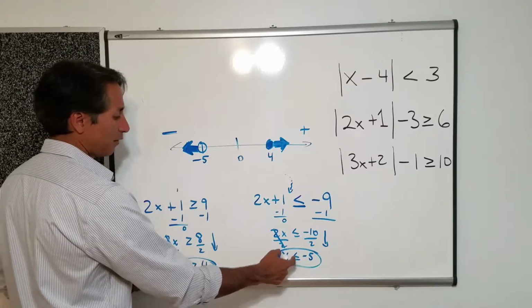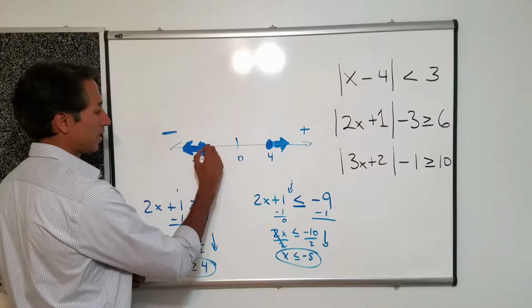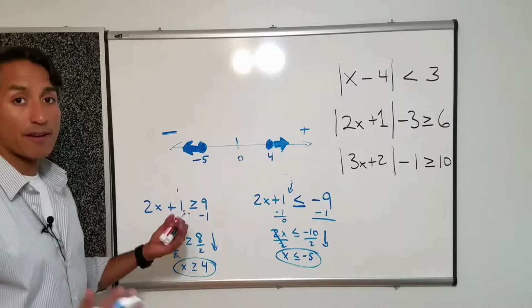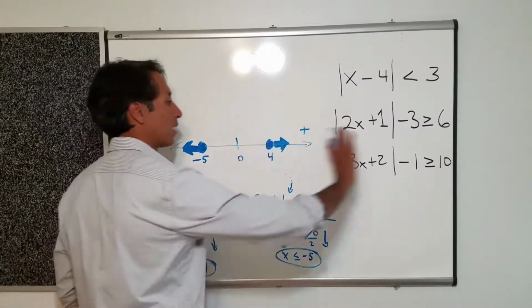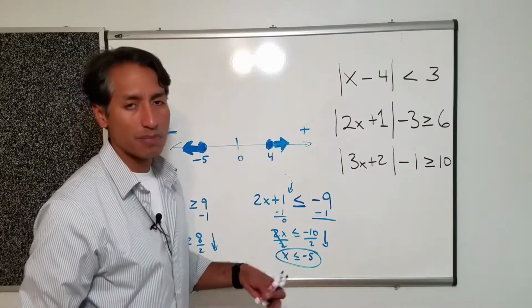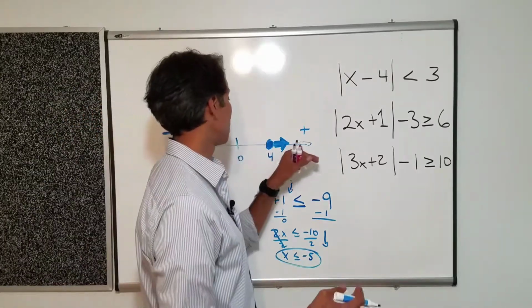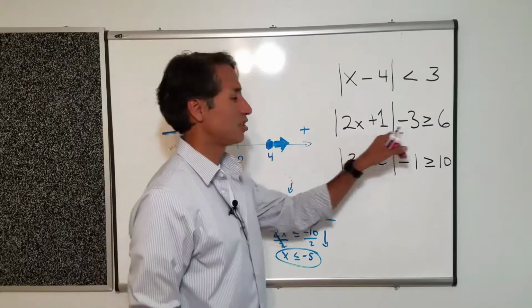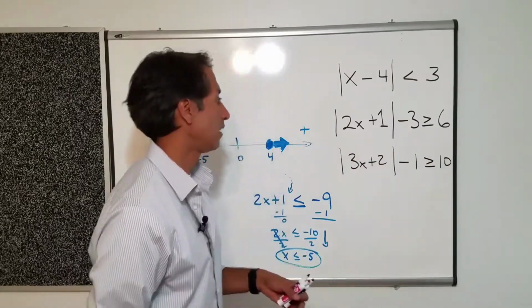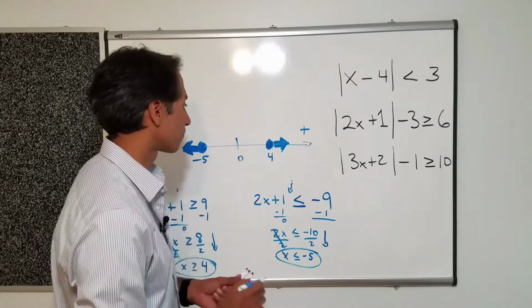It's less than negative 5, it's also equal to negative 5. And from there, now we have our parameters. We know that it has to be greater than 4, less than negative 5. And yes, you could pick numbers on either side to justify your answer, to prove it algebraically, and you should be all set from there.